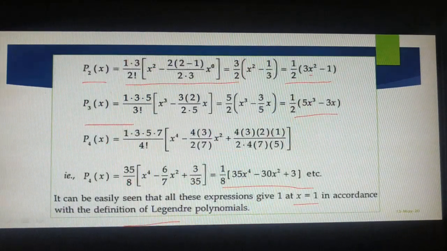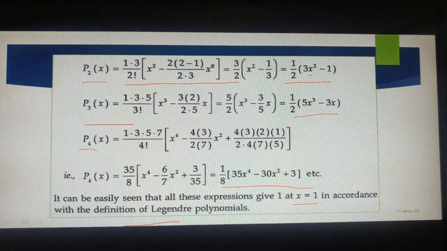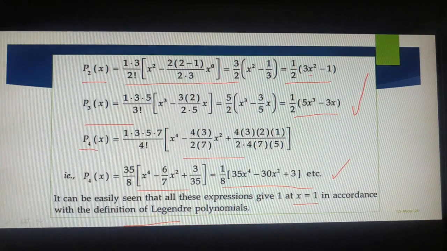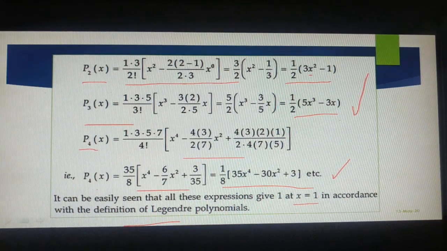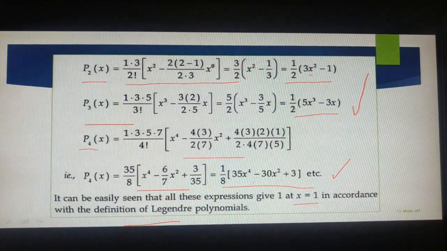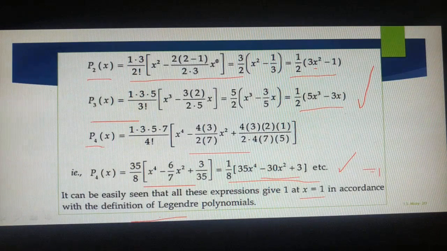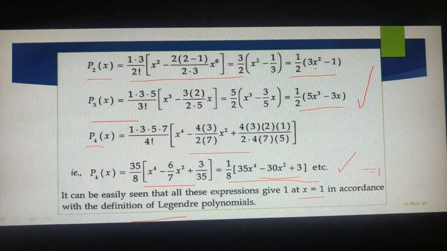I'm just substituting 2, 3, 4 in place of n and simplifying, getting results in terms of polynomials: P2 of x, P3 of x, P4 of x, P5 of x. But when I substitute 1 in place of x, the whole result becomes 1, so that's why we have these peculiar results. So we are taking Legendre polynomials as solutions for our Legendre's differential equation.